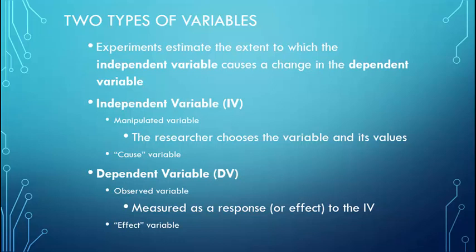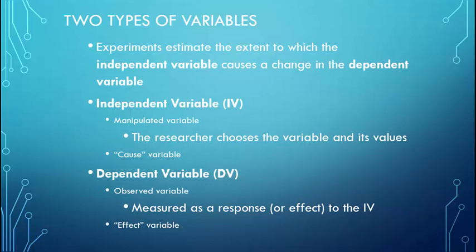You can think of your independent variable as your manipulated variable. It's the one that the researcher chooses, and chooses its values. Also, in a cause and effect relationship, which is really what we're trying to figure out in our studies, the independent variable is the causal variable.